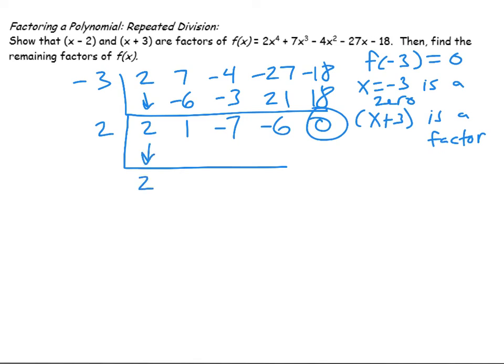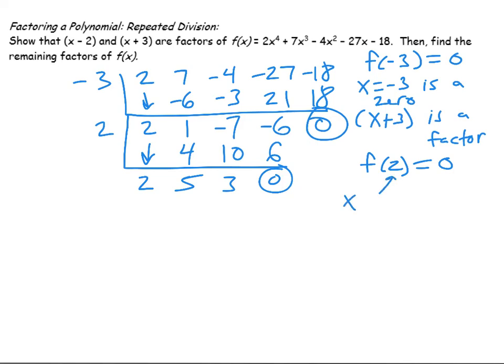Bring down your 2, 4, 5. 2 times 5 is 10. Add those together, you get 3, 6, and you get 0. Okay? Again, that tells me it's a 0, right? That's x equals 2.